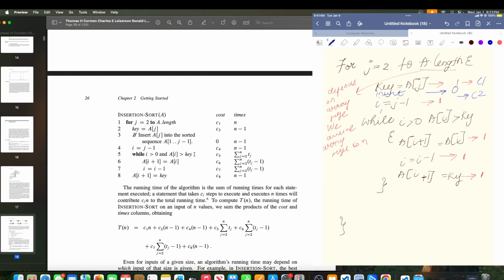Okay, let's leave it this way. This is one, this is one, this is c4, c5, c6, and even this will take some time, right? All operations will take time, so let's renumber them properly. So this is c1, this is c2, c3, c4, c5, c6, c7.